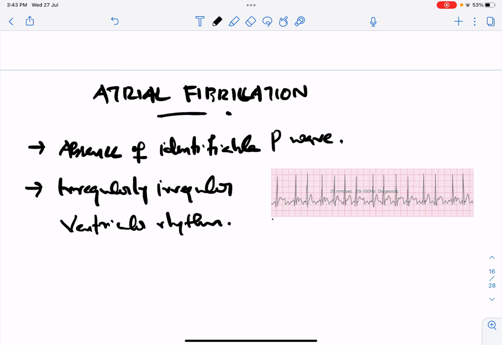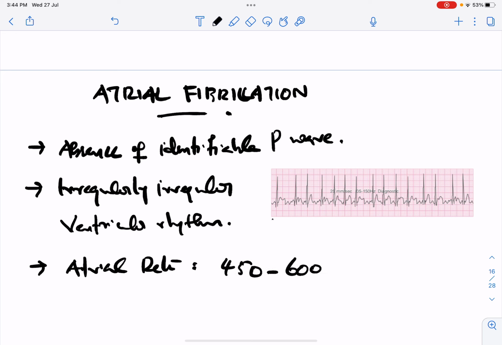So the atrial discharge rate will be around 450 to 600 beats per minute. But not all atrial firings are conducted to the ventricle due to AV nodal delay, and the AV node responds only intermittently. That is why the ventricular rhythm is irregular.